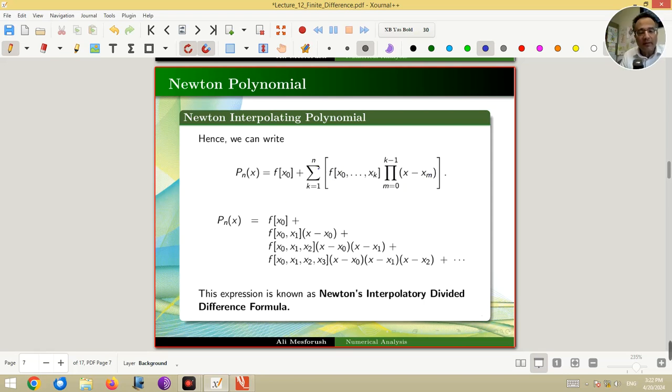If we expand the sigma, you will get f of x0 plus, for k equal to 1, f of x0 and x1 times (x minus x0). And for the next term, k equal to 2, you get f of x0, x1 and x2 times (x minus x0) times (x minus x1). And so on. You can continue in the same way for k equal to 3, 4, and finally equal to n. This is the Newton interpolating polynomial.